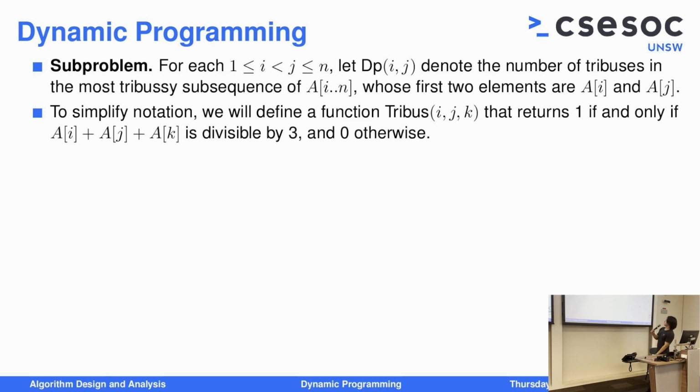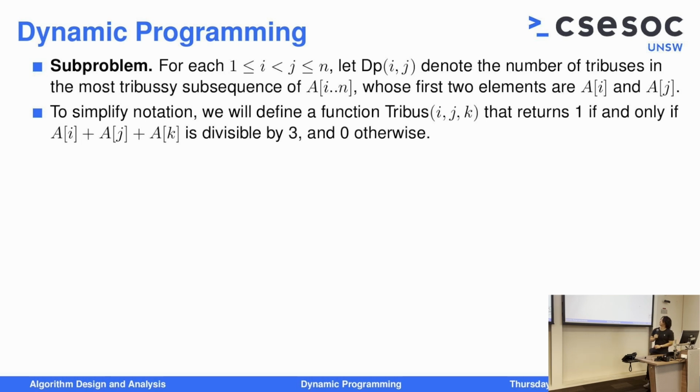So let's just first say it. For each 1 less than or equal to i, less than j, less than or equal to n, let dp of ij denote the number of tribosses in the most tribossy subsequence of a_i through n. Essentially we're starting at i, and we're looking at the subarray through to the end, whose first two elements are a_i and a_j.